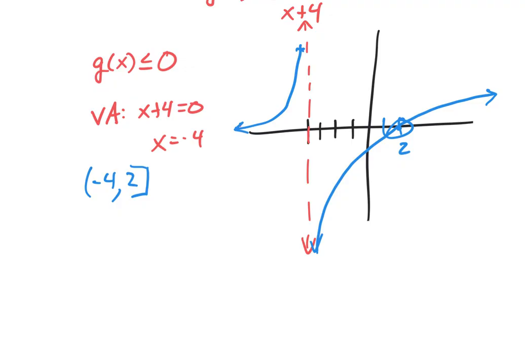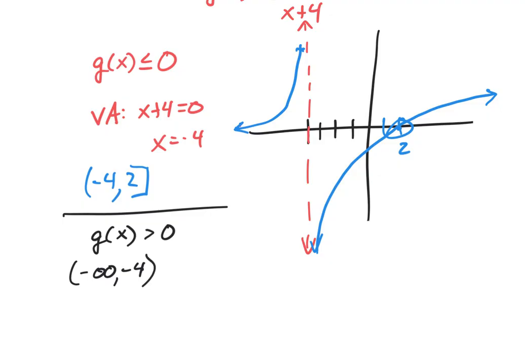If I happened to give you this function, where is this g of x greater than 0, then where would it be positive? Well, it's positive to the left of -4 the whole time. So we would say negative infinity up to -4.